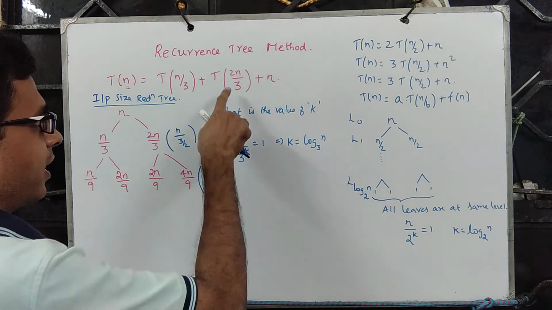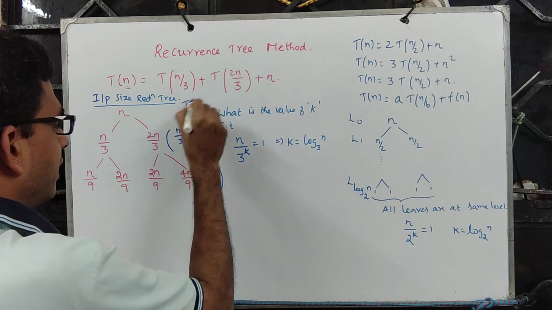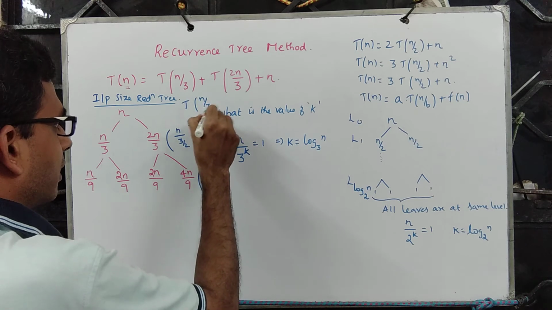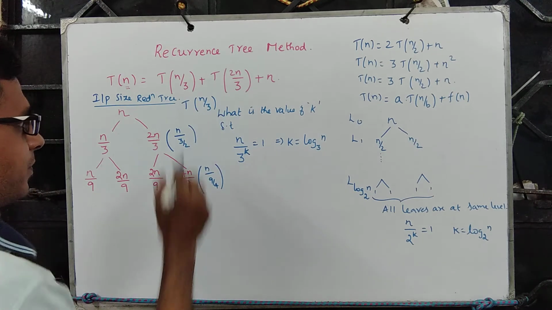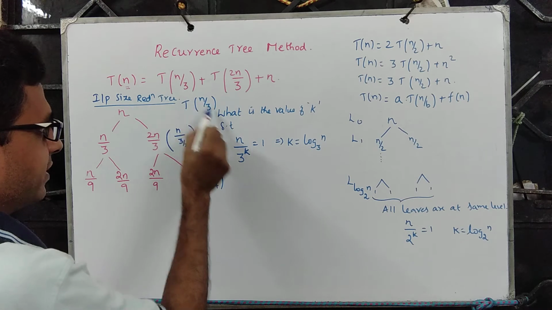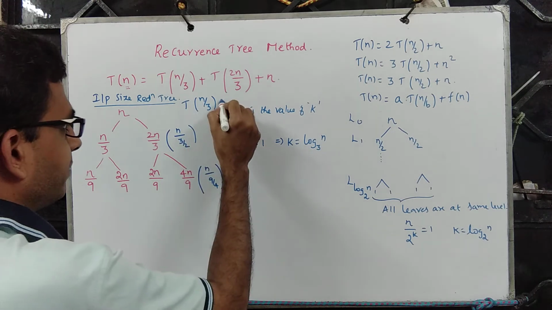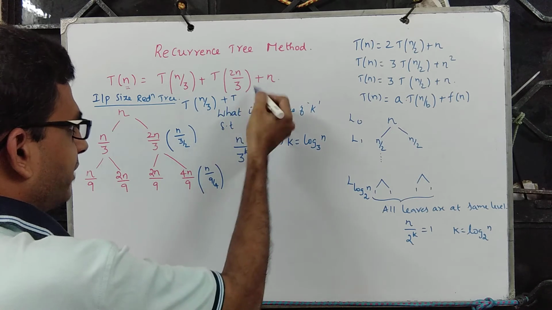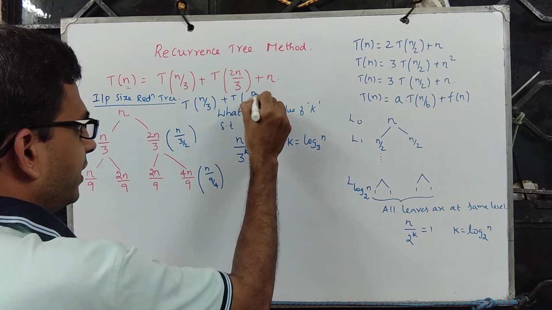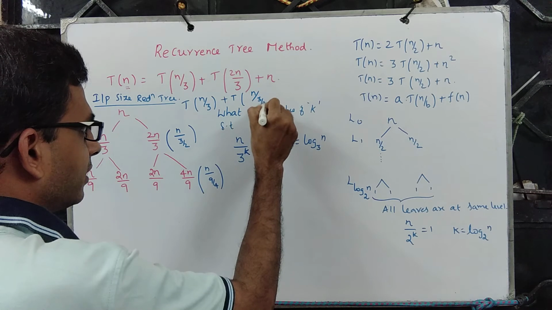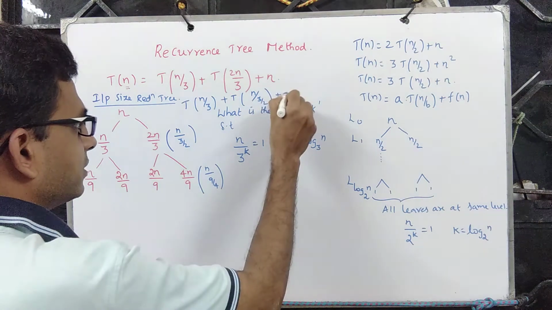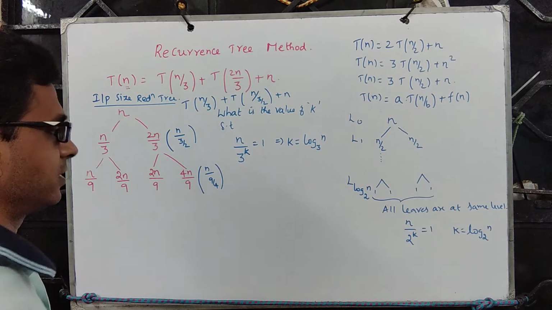So we say we create a subproblem, a subproblems each of size n by b, correct? Now the first subproblem is n by 3, another subproblem n by b. What is the value of b? It is n divided by 3 by 2 plus n. I am just rewriting this.